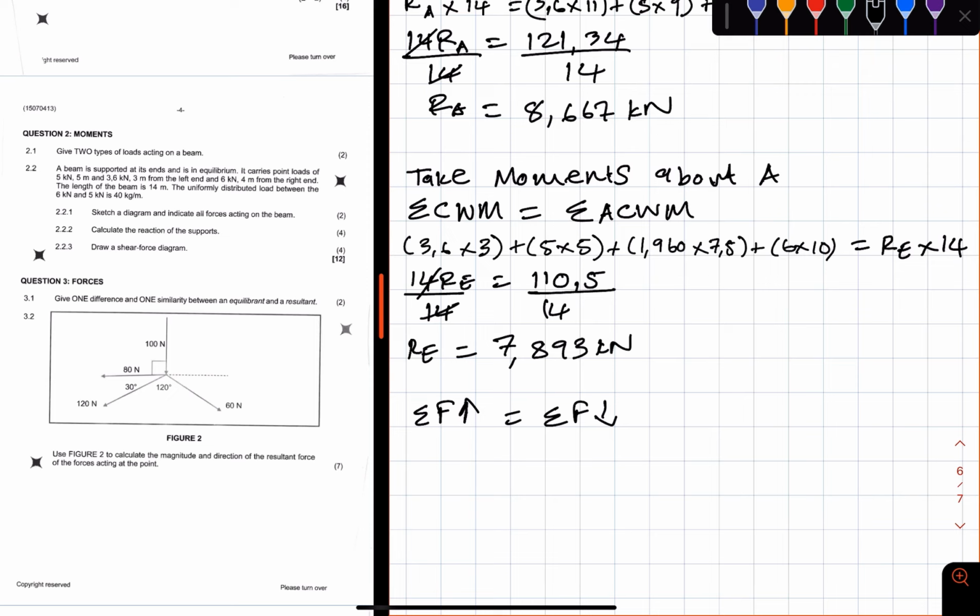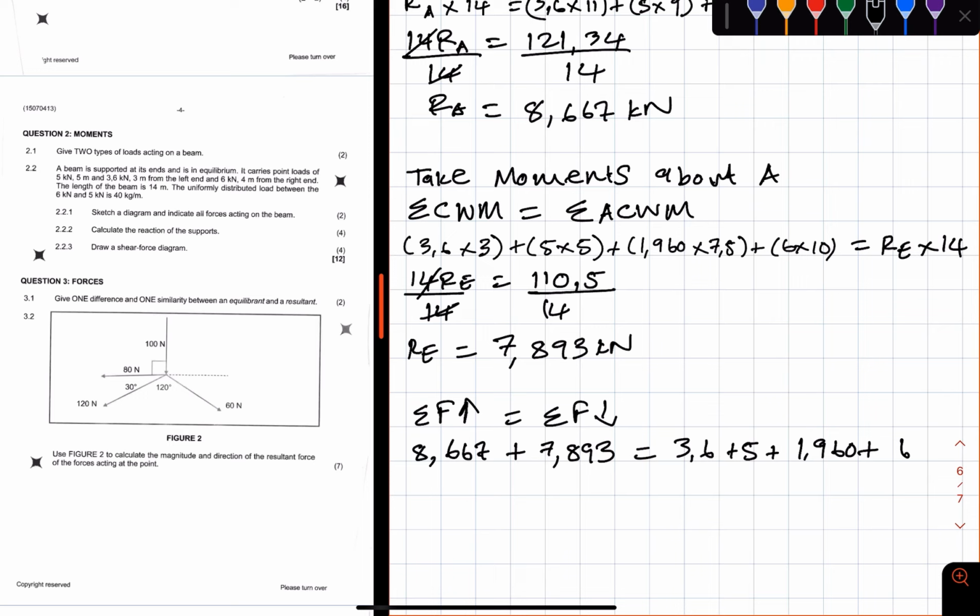Forces going up is reaction A and reaction E. So reaction A is 8.667 plus reaction E, which is 7.893, is equal to all the forces going down: 3.6 plus 5 plus the weight of the beam, which is 1.960 plus what? The 6 kilonewtons, right?